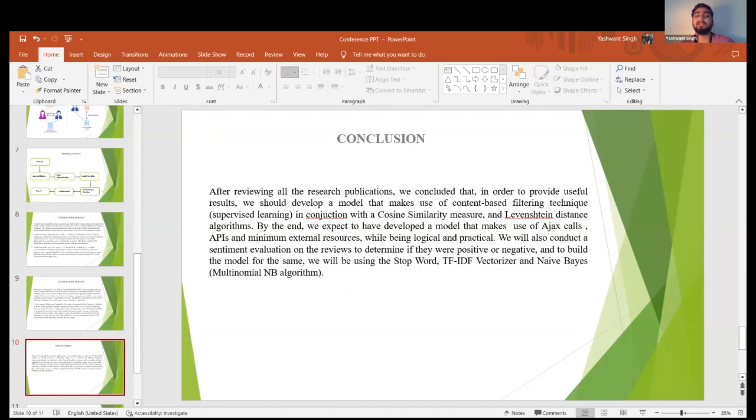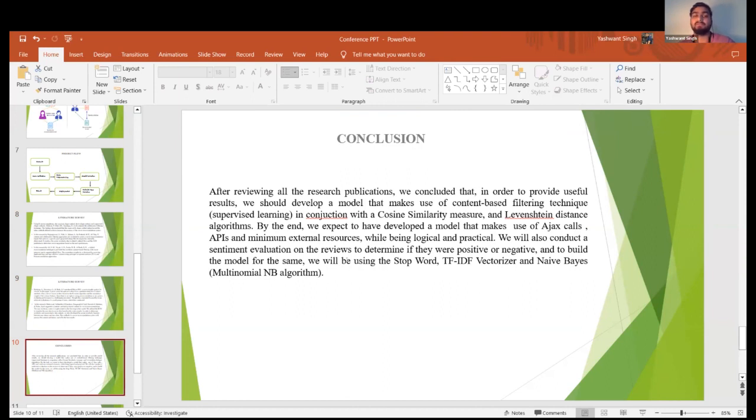And we will perform that content based filtering with the help of cosine similarity measure. We will use Levenshtein distance in conjunction with the cosine similarity measure, so that we can get a better accuracy and recommend in a much better way.